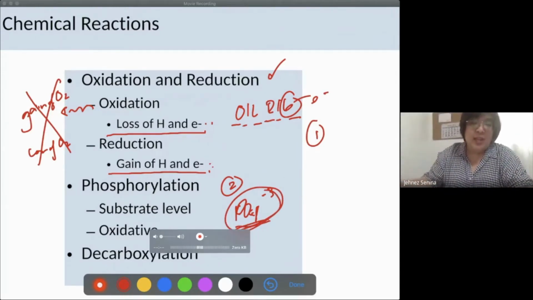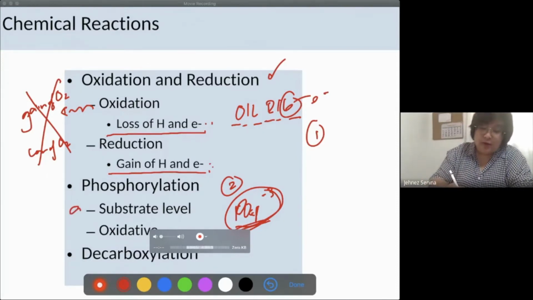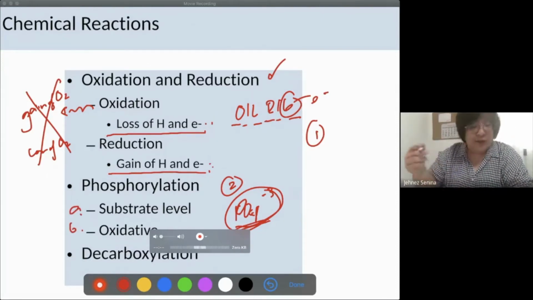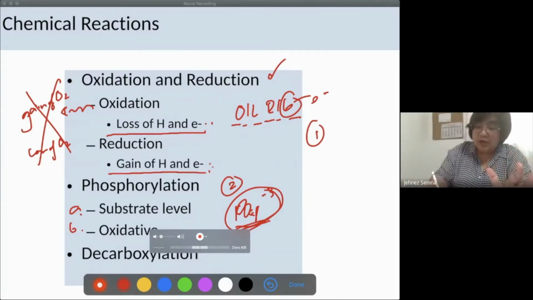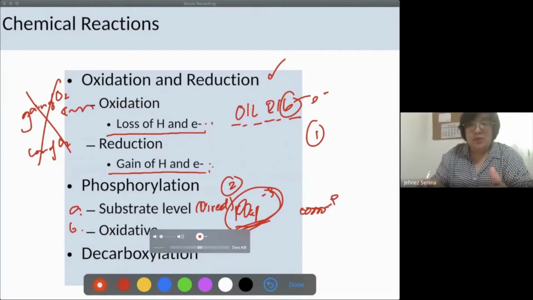There are two kinds: substrate level phosphorylation and oxidative phosphorylation. Substrate level phosphorylation is when you have a molecule and you directly add a phosphate group to it.